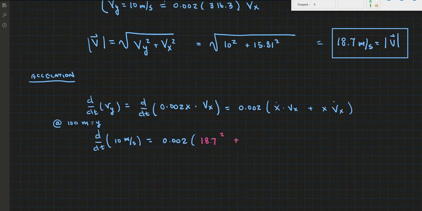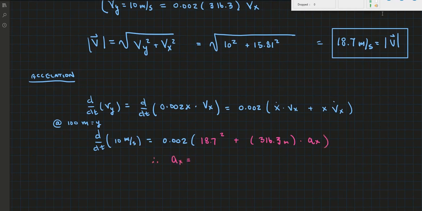And then we add to that the position of x that we calculated above as 316.3 meters. And this is multiplied by V dot x, which is the acceleration in x. Yeah.